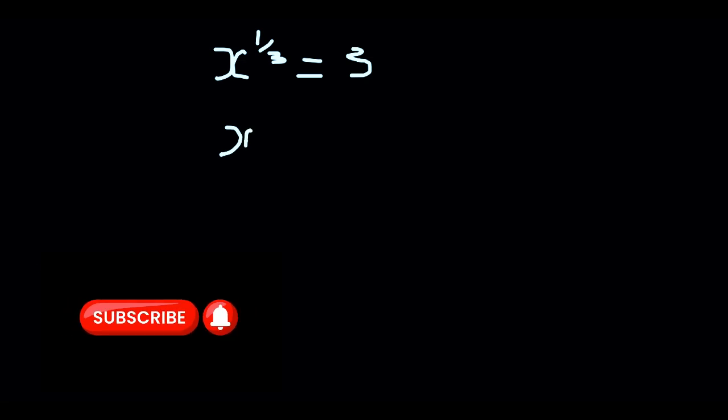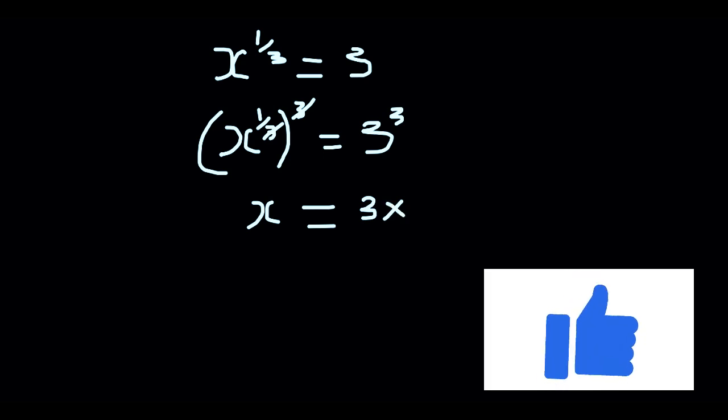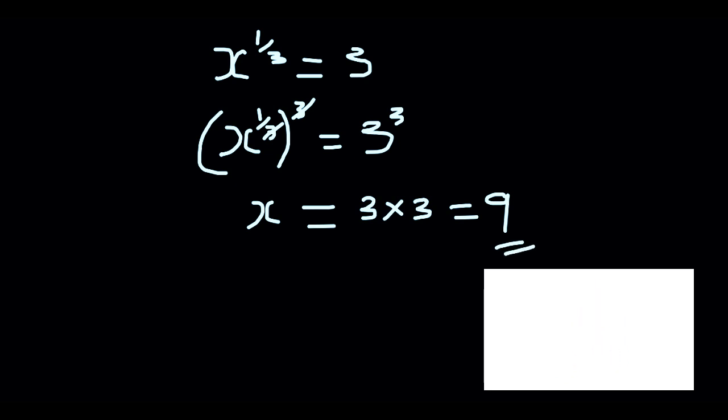We have x raised to power 1 over 3, into brackets of 3, equals 3 power of 3. So this cancels this, and we have x equals 3 multiplied by 3 multiplied by 3, which gives us 27 as our final answer.